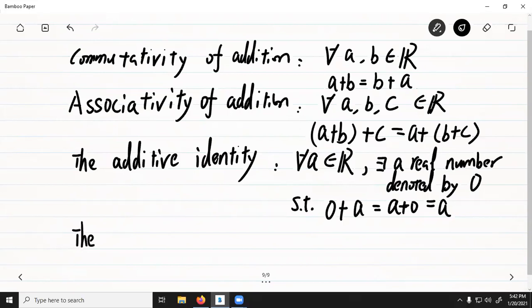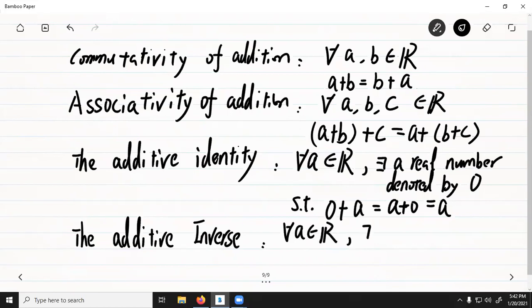The next one is called the additive inverse. What is that? The additive inverse must exist. So that means for any A in the real set, there exists an element B in the real set such that A plus B is equal to the additive identity 0.